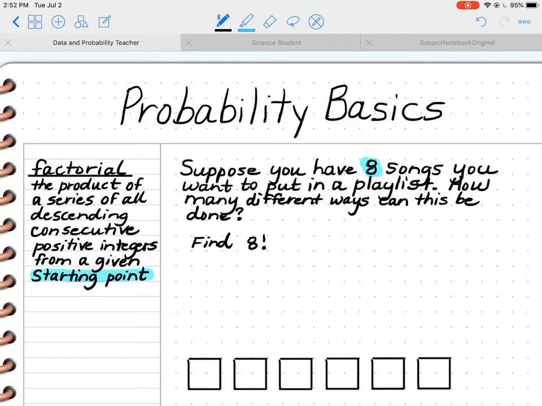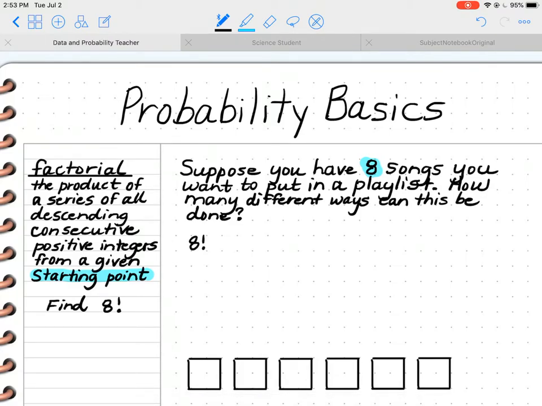And the symbol for factorial is an exclamation point. So this kind of looks funny. If you're reading along and it says to find 8 and an exclamation point, you're thinking, what in the world is that talking about? So we want to find 8 factorial. And that's how you would say that, 8 factorial. And here's what it means.